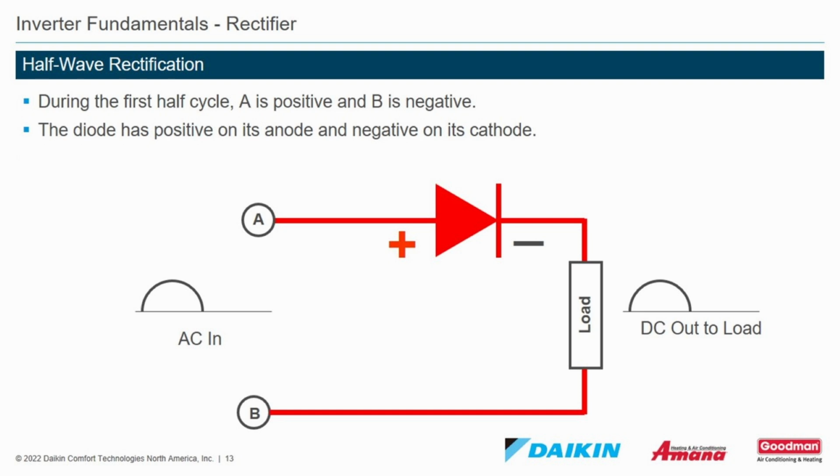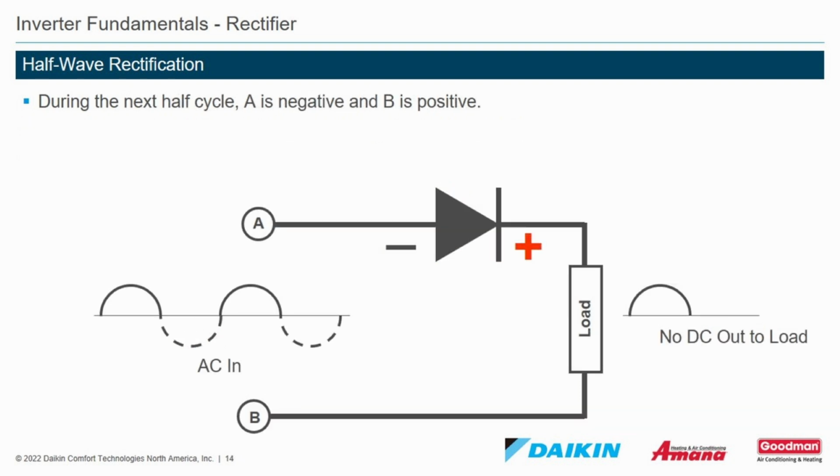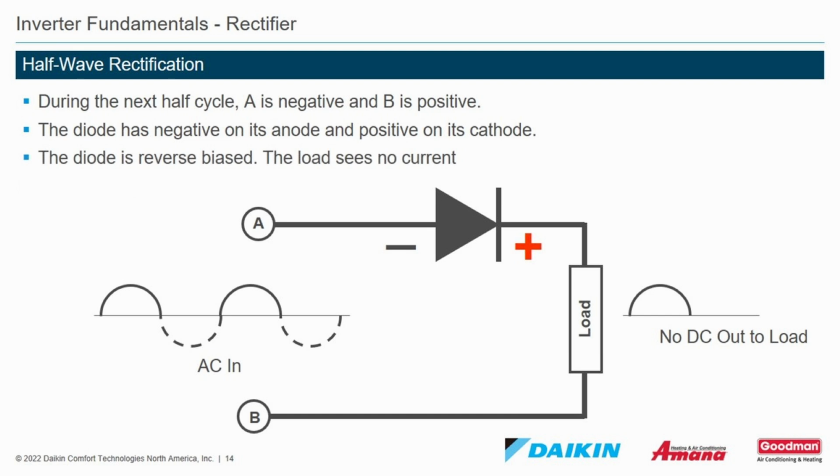The diode has positive on its anode and negative on its cathode. During the next half cycle, A is negative and B is positive. The diode has negative on its anode and positive on its cathode. The diode is reverse biased. The load sees no current. Half of the cycle's current is unused.